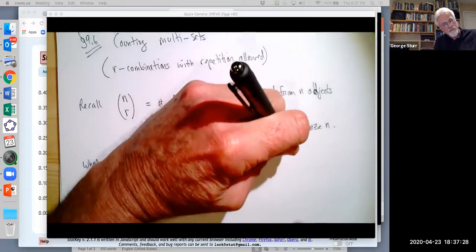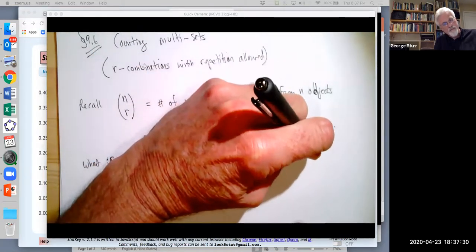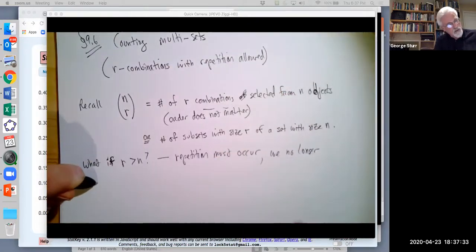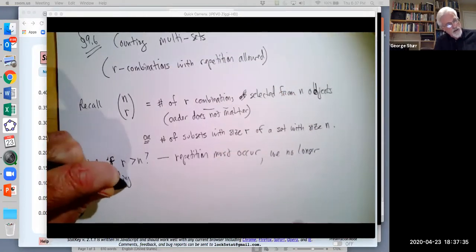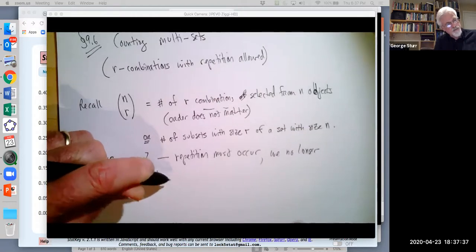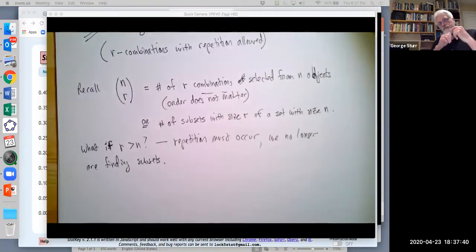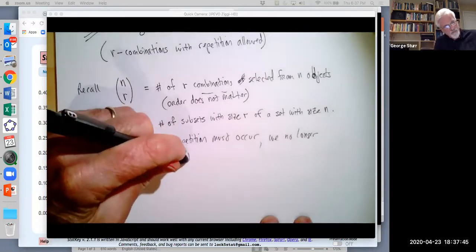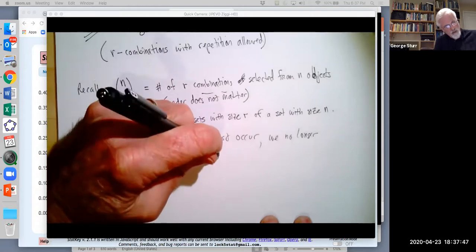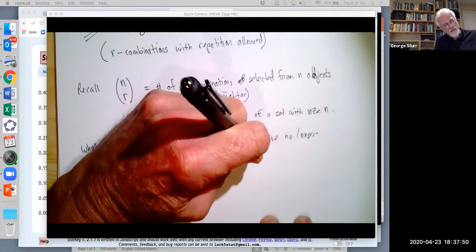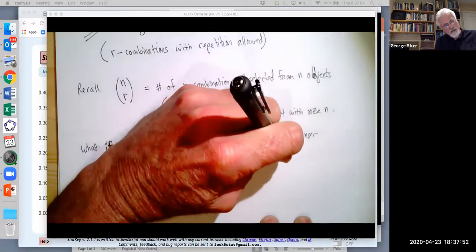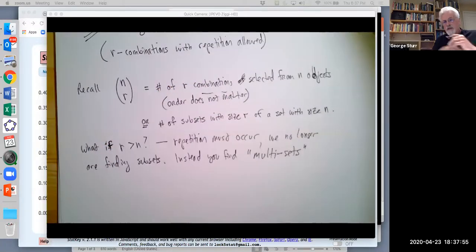And we no longer are finding subsets. Instead, you find what are known as multisets. It's a new term now. A slightly different version of a set.